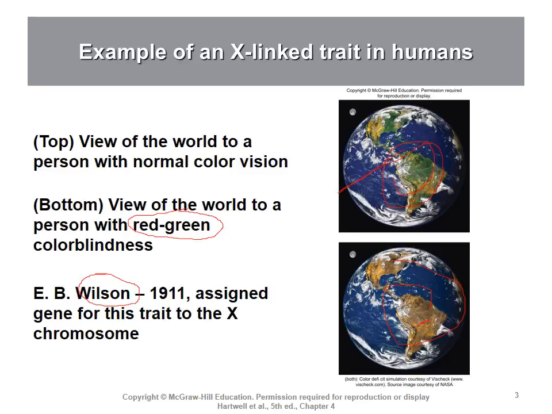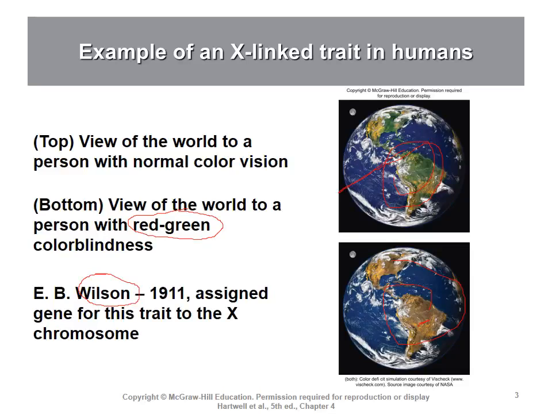And then among the grandsons of that father, through his daughters, half of them will be affected and the other half will be normal. So basically, by following the segregation pattern of this gene, he concluded that this gene is X-linked.